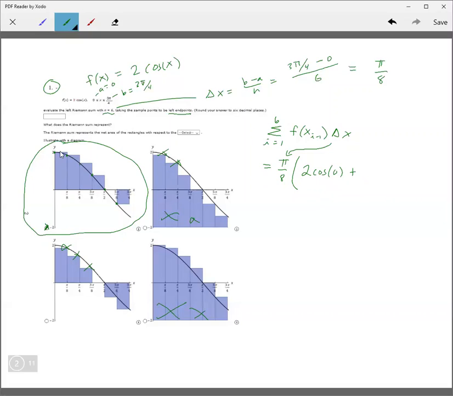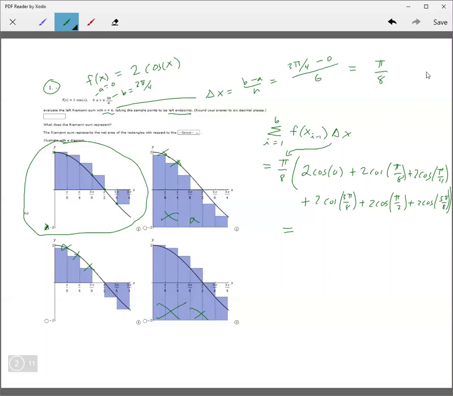And then the next, so this first one, 0, plus 2 cosine of pi over 8, plus 2 cosine of pi over 4, plus 2 cosine of 3 pi over 8, plus 2 cosine of pi over 2, plus 2 cosine of 5 pi over 8.